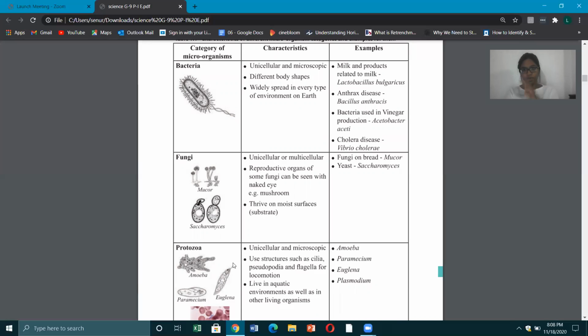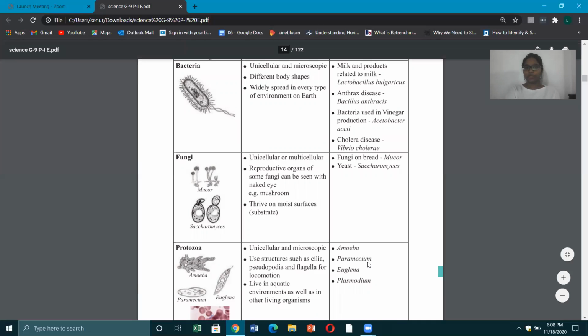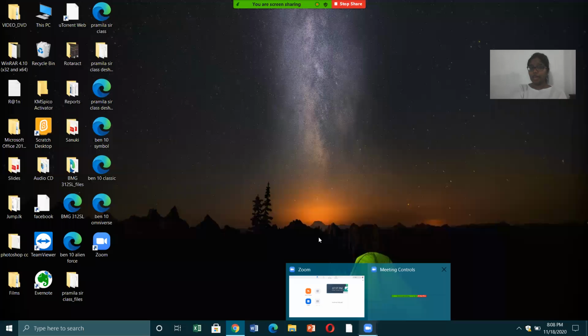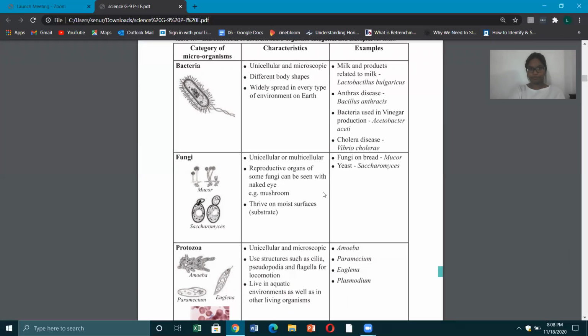They just have one cell. They have different body shapes: coccus, bacillus, spirillum. There are four types of categories when it comes to the shape of bacteria.